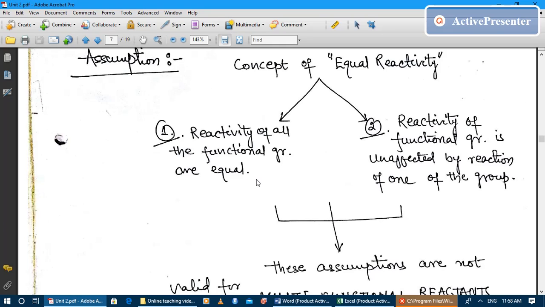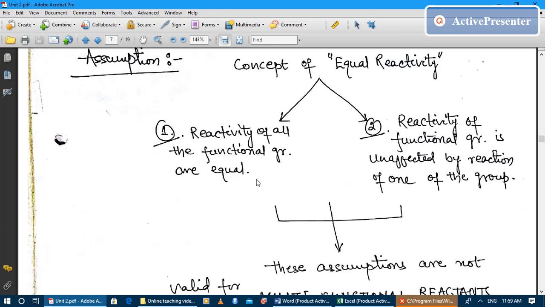The second concept is that the reactivity of a functional group is unaffected by the reaction of one of the groups. That means in case of a diacid, if there are two carboxylic groups and one of the carboxylic groups reacts with hydroxyl group or externally added catalyst HA, then the reaction of one group will not affect the reactivity of the second group.